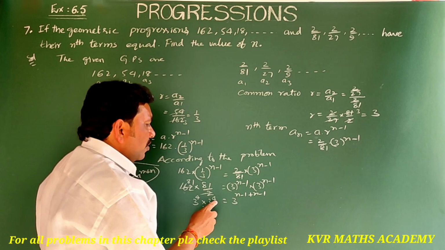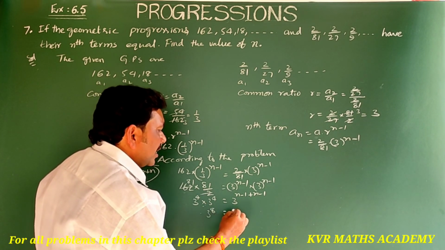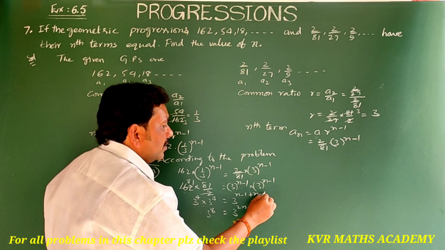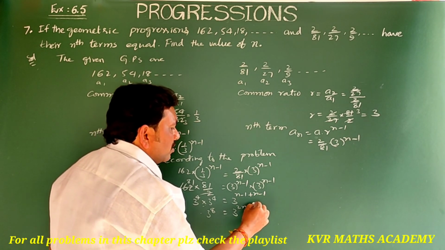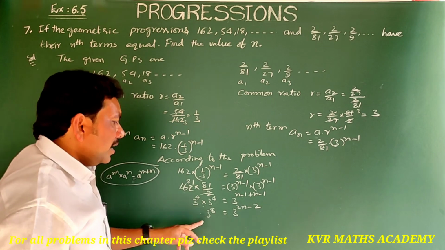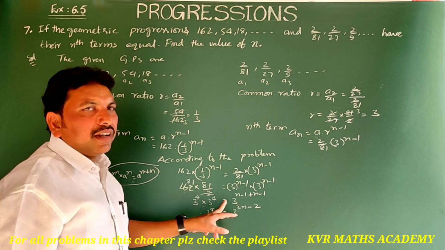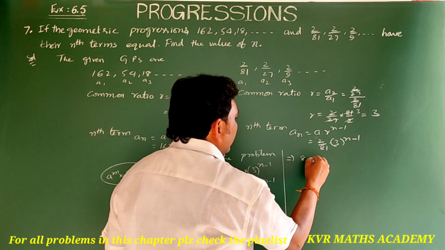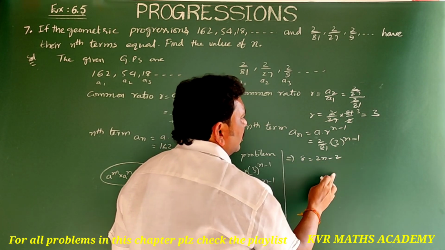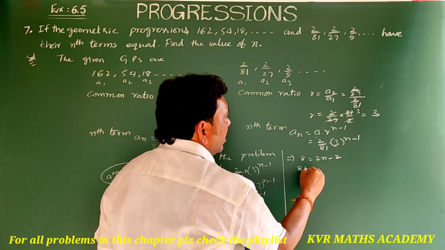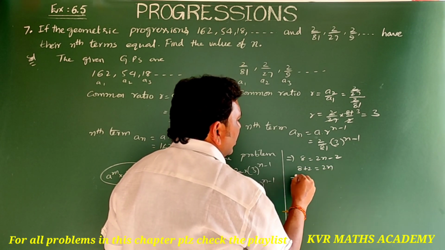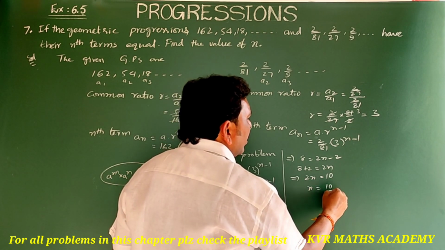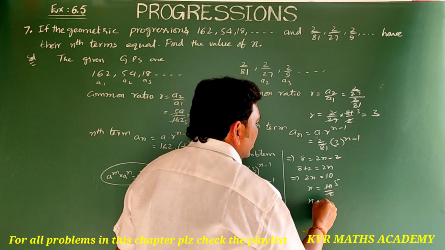So 3 power 4 into 3 power 4, 3 power 8 is equal to 3 power n plus n, 2n, minus 1 minus 1, minus 2. Here, when the bases are equal, the powers are also equal. So that implies 8 is equal to 2n minus 2. Minus 2 transfers to this side, 8 plus 2 is equal to 2n. That implies 2n is equal to 10, right? n is equal to 10 by 2, that is 5. n is equal to 5.